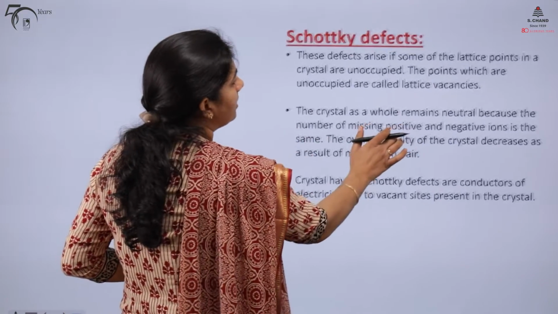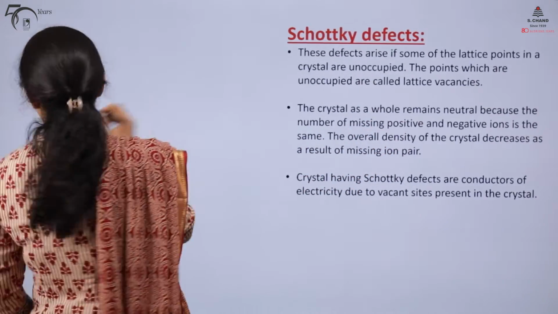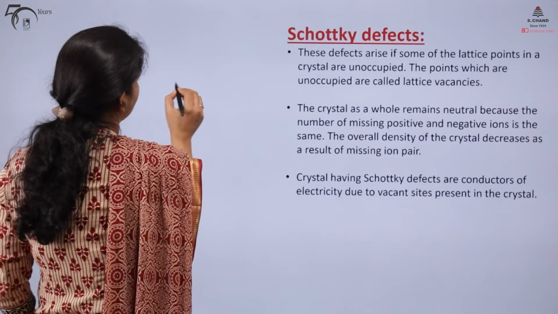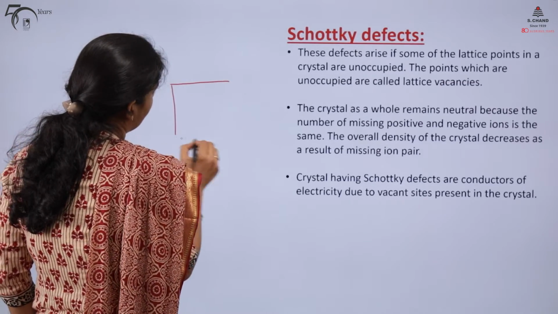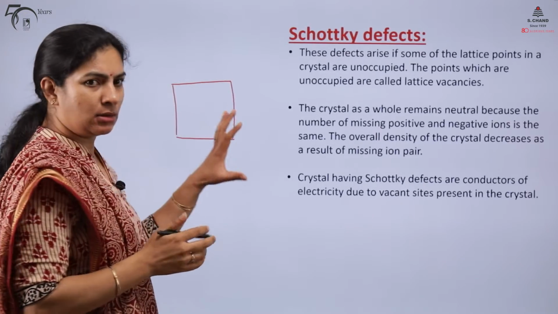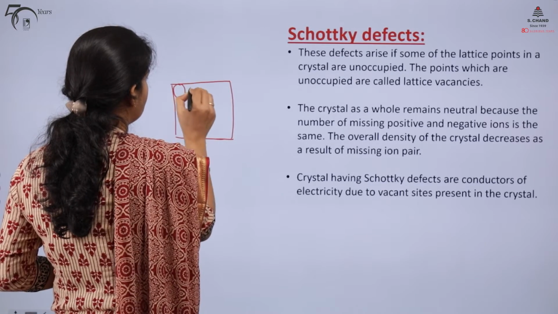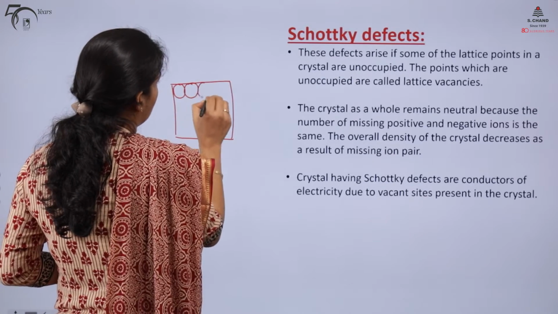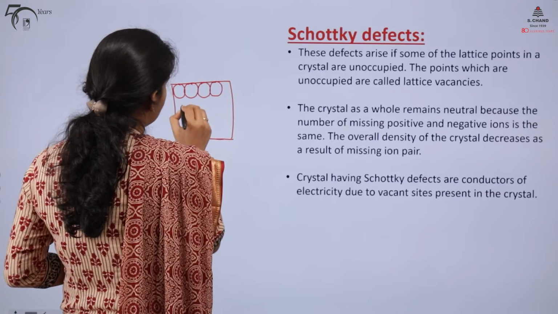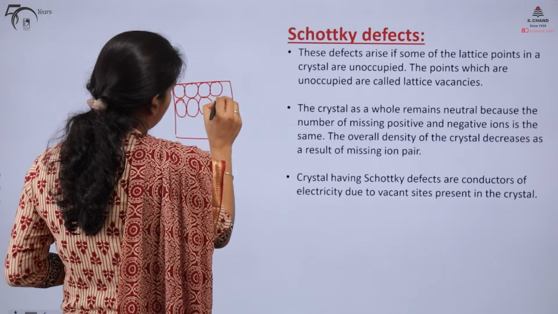So what happens in these defects? We have already seen, let us say, I am drawing two-dimensional structures for the sake of convenience. Suppose these are the ions, this is how they are arranged.